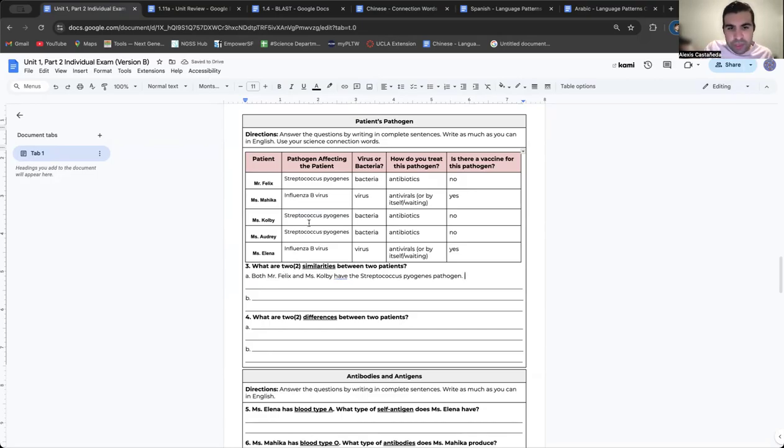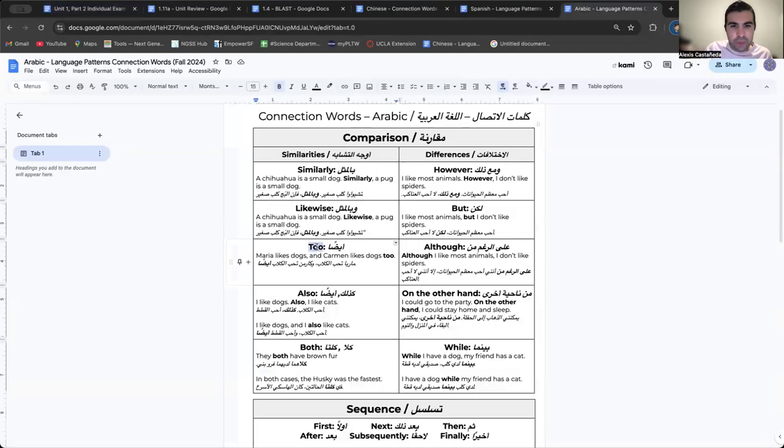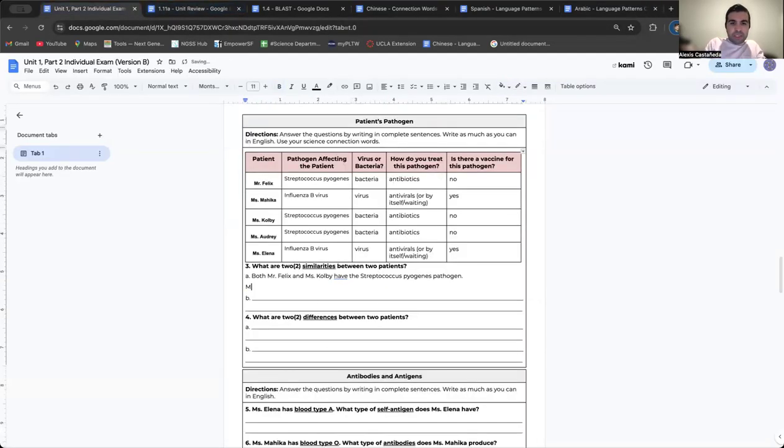Okay. What's another similarity? We can say that both Mr. Felix and Miss Audrey can treat their pathogens with antibiotics. So let's use a different one, like the word too. Mr. Felix can treat his pathogen with antibiotics.